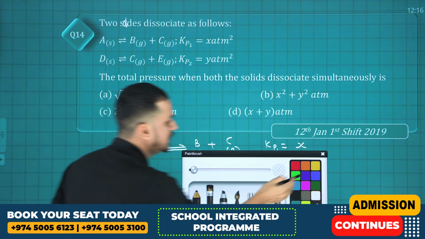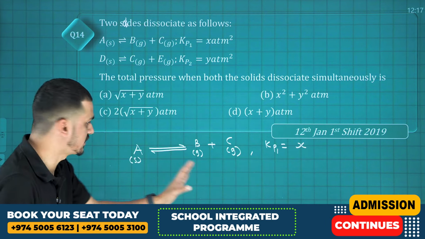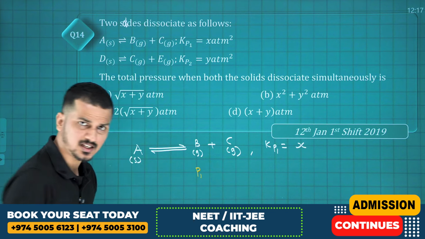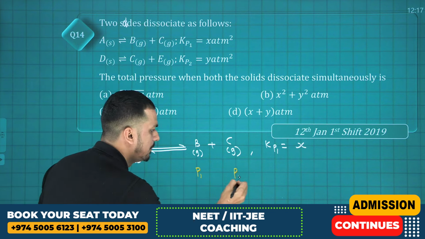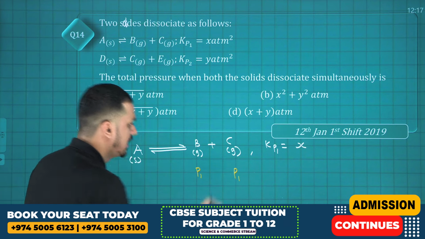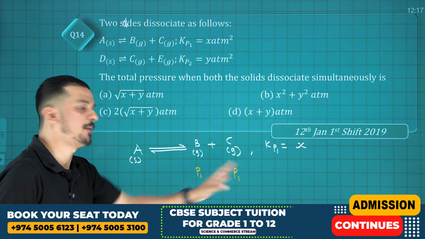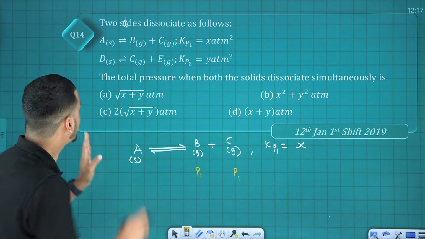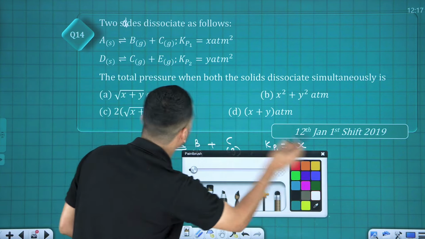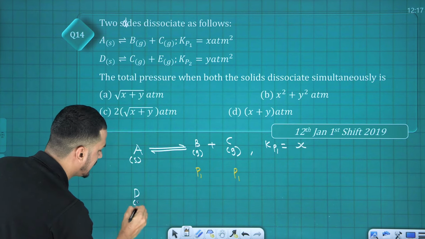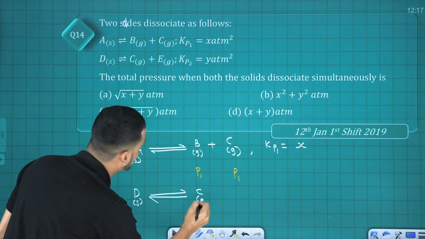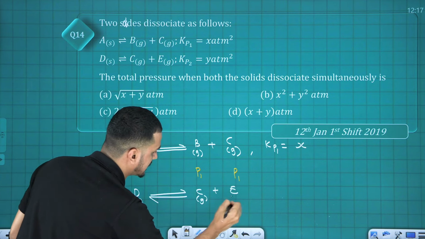Suppose I am taking B's pressure as P1 and C's pressure also P1. Both will be the same because we get the same number of moles. At the same time, I am dissociating D solid also, which gives C gas as well as E gas.